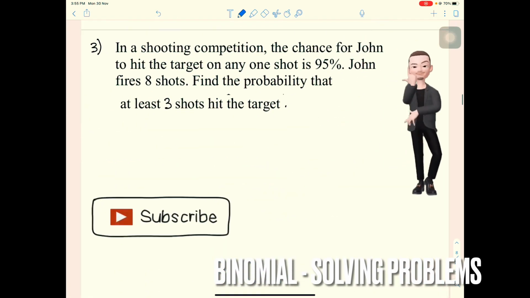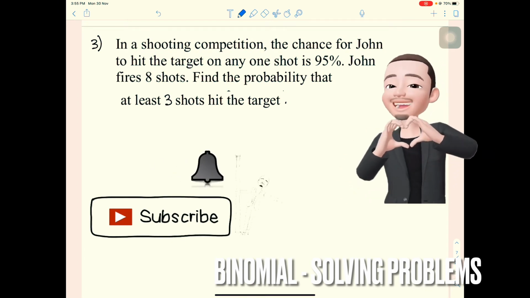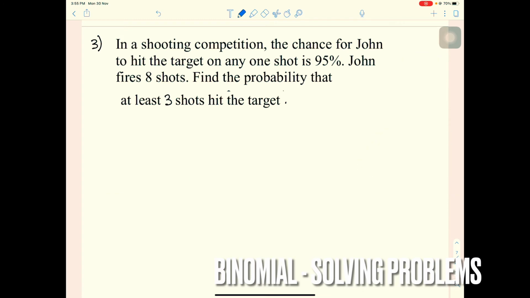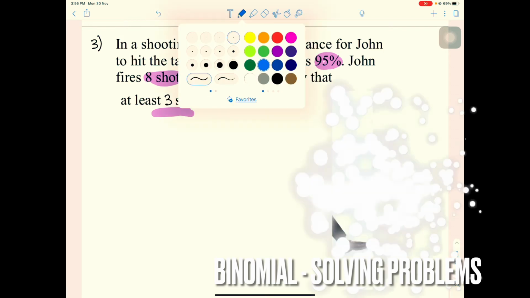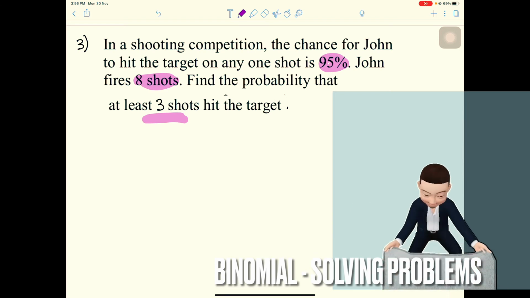Now let's discuss the last question, example question number 3. In a shooting competition, the chance for John to hit the target on any one shot is 95%. John fires 8 shots. Find the probability that at least 3 shots hit the target. First step, let's collect all the information given.